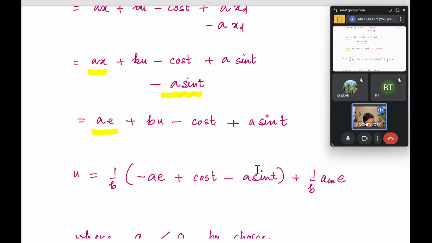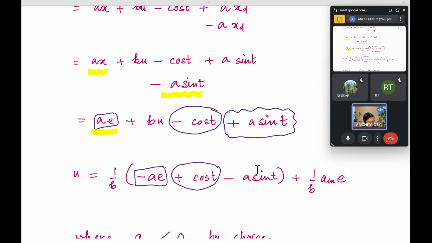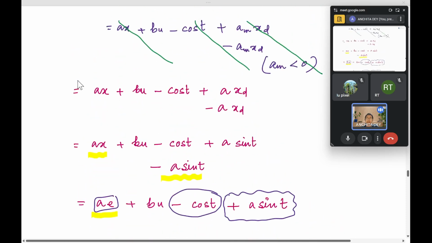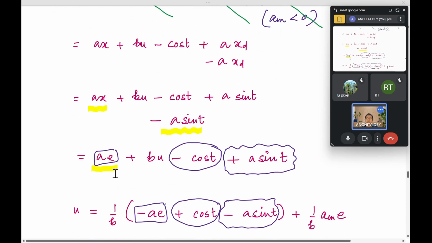In order to cancel this, we have this term, and in order to cancel this plus a sin t, we have this other term here. Now the problem is that then e dot would become equal to 0, but that's not what we want. e dot equal to 0 means e would just stay constant, so the error would not change. Basically there is no tracking, and that's not what we want.